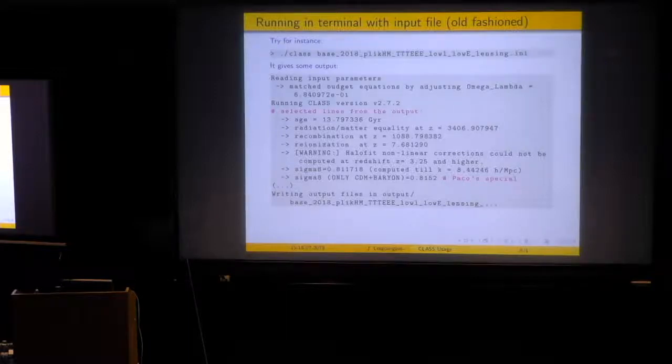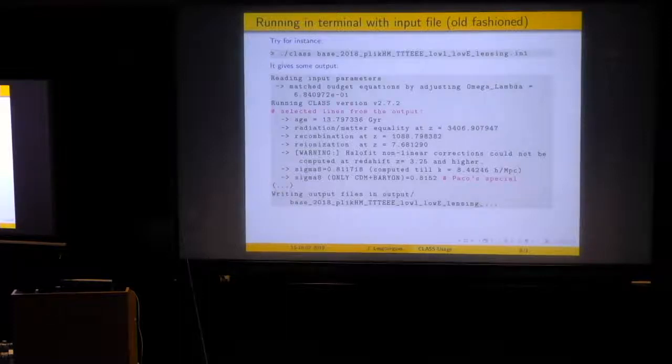So class knows this, and when you switch on a non-zero neutrino mass, it will duplicate all your output observables. You will have everything computed from total matter and everything computed from cold dark matter plus baryons. And so you have two values of sigma 8.